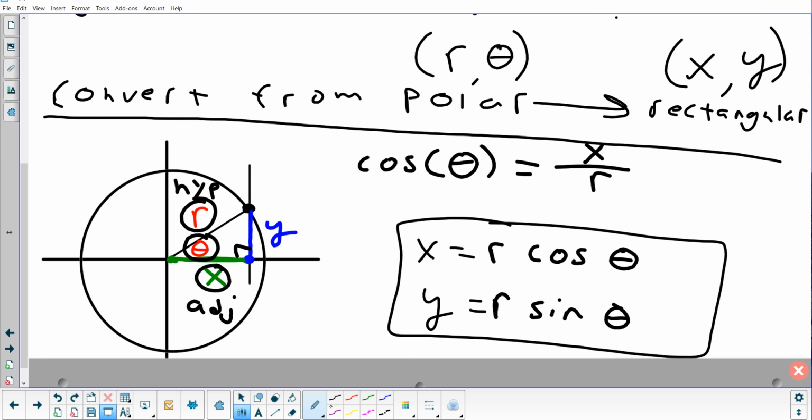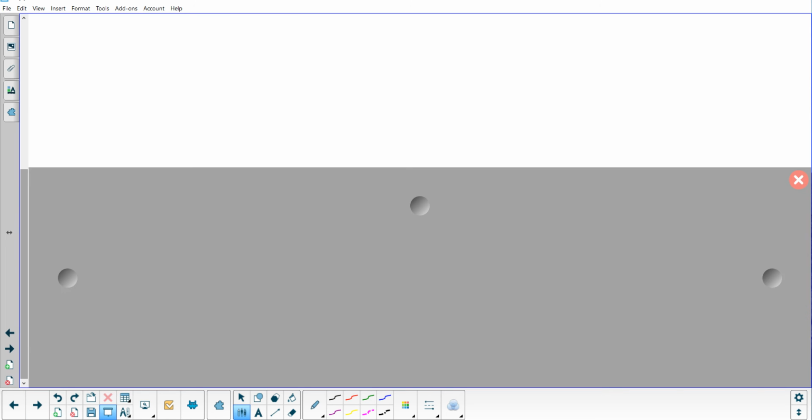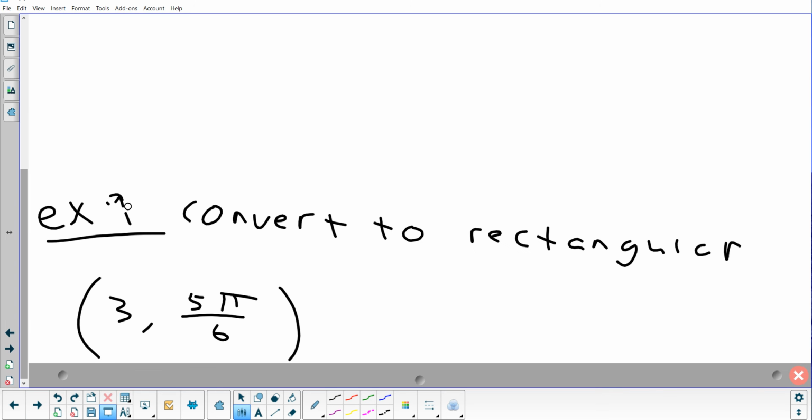Okay, so let's try that on a problem. Let's do this one first. There are two special numbers that can come up when you're converting polar to rectangular. If you're dealing with an angle that is a multiple of 30 or 45, we need to write the answer as an exact value.